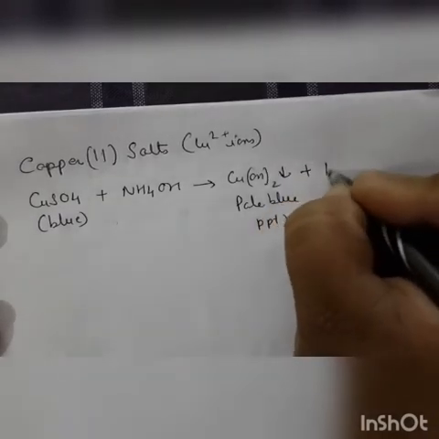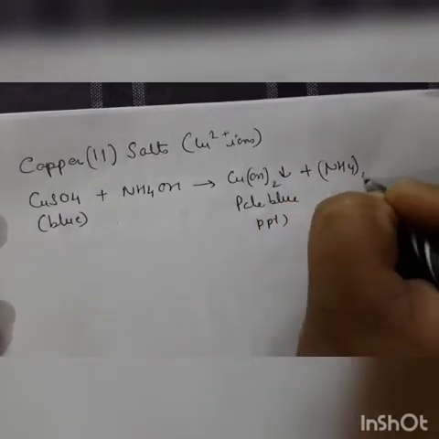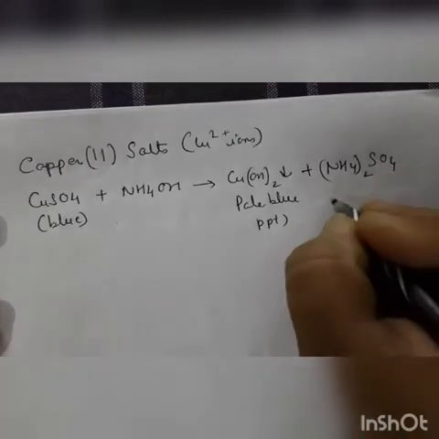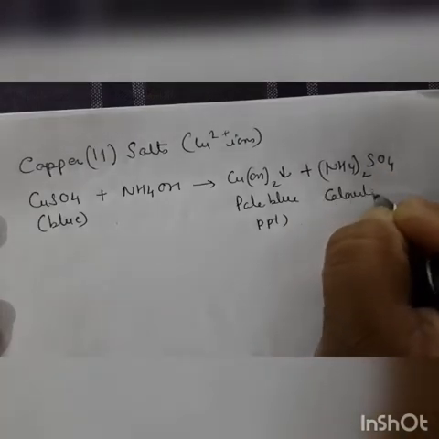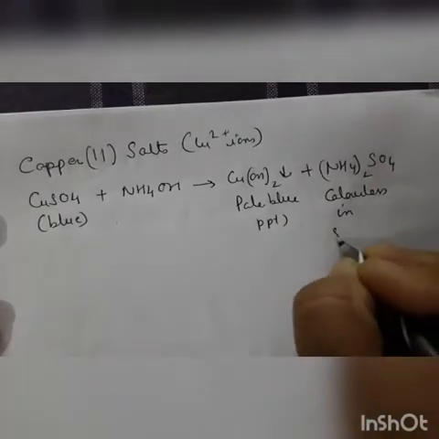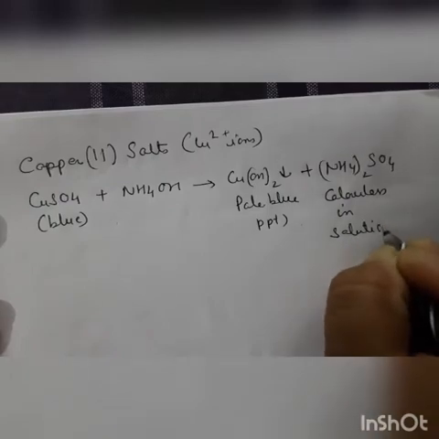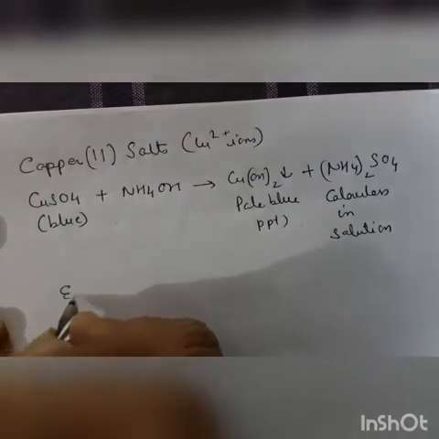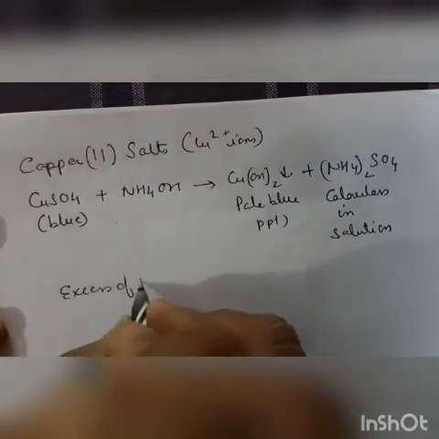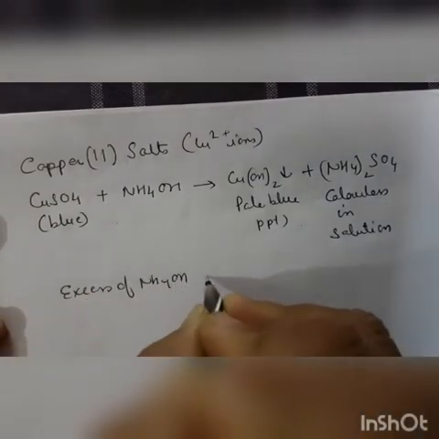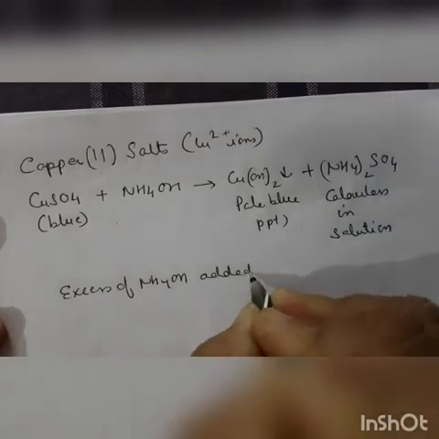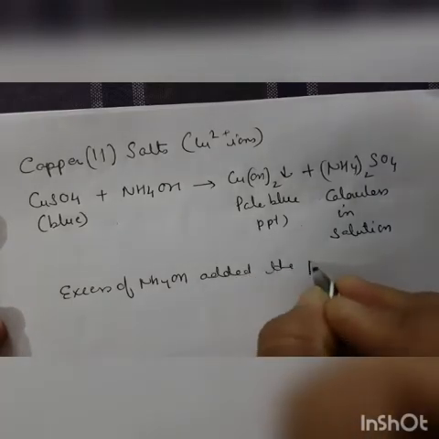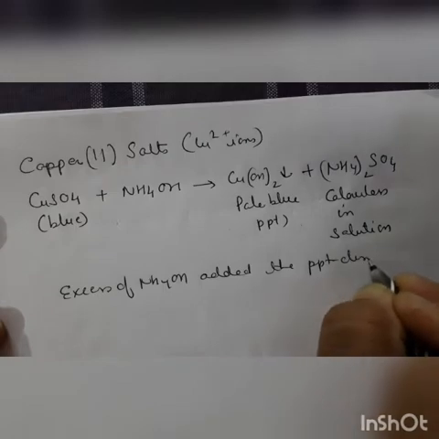In addition to it, ammonium sulfate is formed, which is colorless in solution. Now when excess of ammonium hydroxide is added, the PPT dissolves.